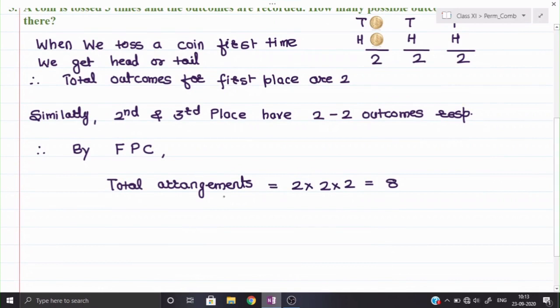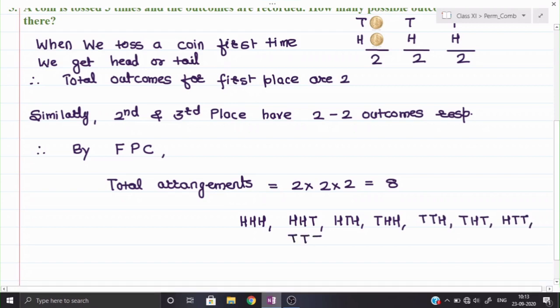For example, on the 3 coins head is coming, then on 2 coins head and 1 coin tail, so that will be HHT, HTH or THH, right? 2 head and 1 tail, 2 tail and 1 head, so that is TTH, THT and then HTT, and all 3 are tail. Now you count it, these are total 8 only.